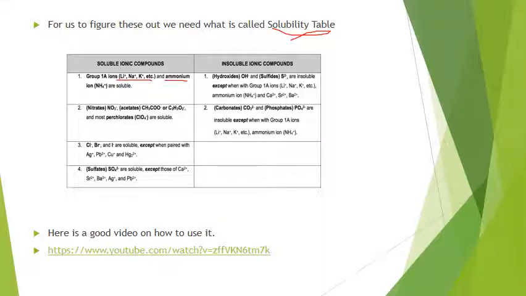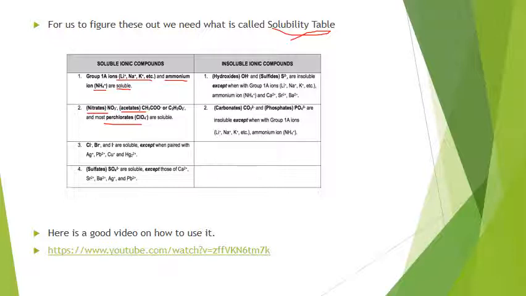You're going to have to know ammonium is NH4 plus. Any positive ion that's connected to nitrate, acetate, or perchlorates is also soluble.